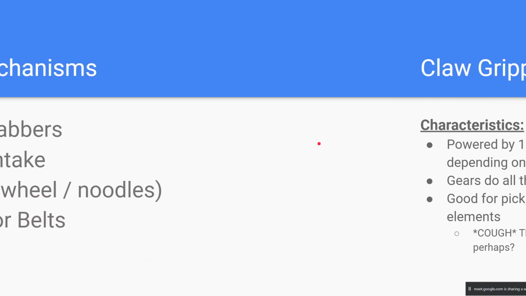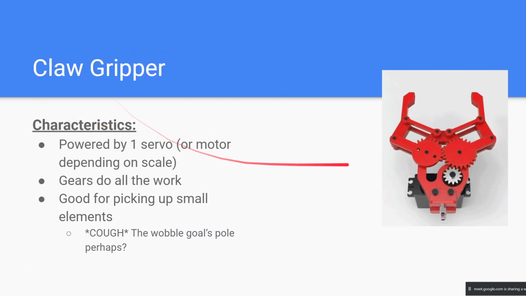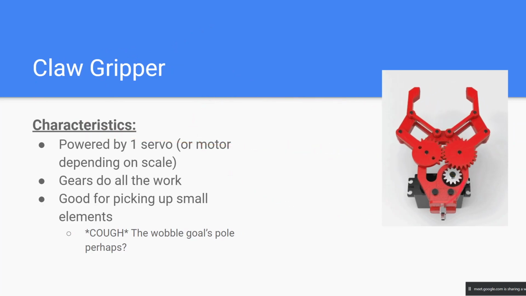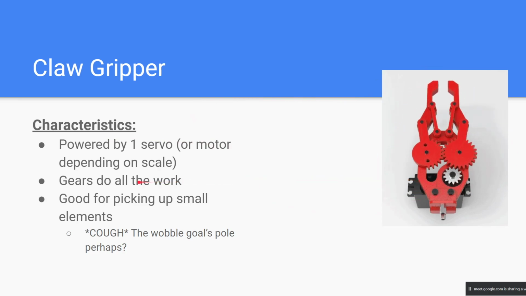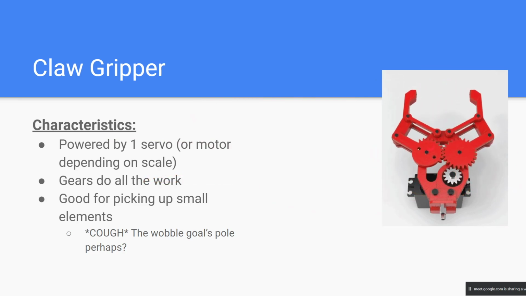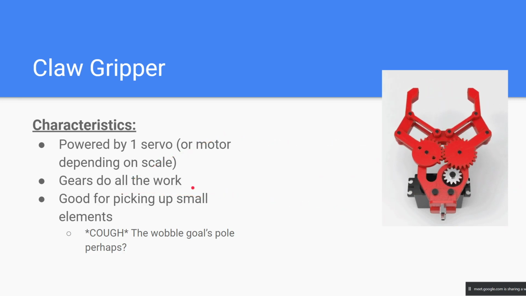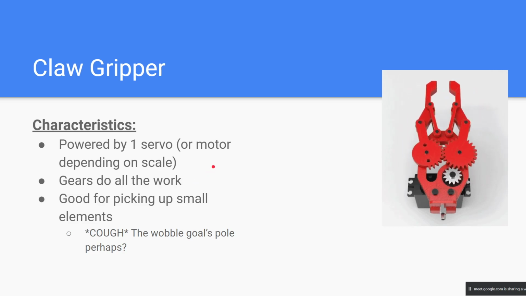So onto the claw grabber or gripper. This one's also kind of self-explanatory. The GIF kind of explains it. There's one servo powering this whole thing, and then the gears do all the work. This is only good for picking up small things.